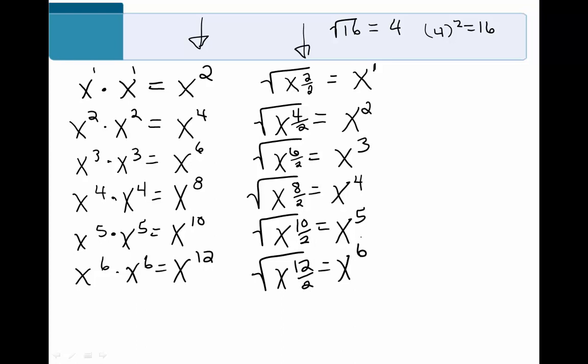So if we want to take the square root of a variable that has an even exponent, we're going to divide the exponent by 2, and remove the radical sign.